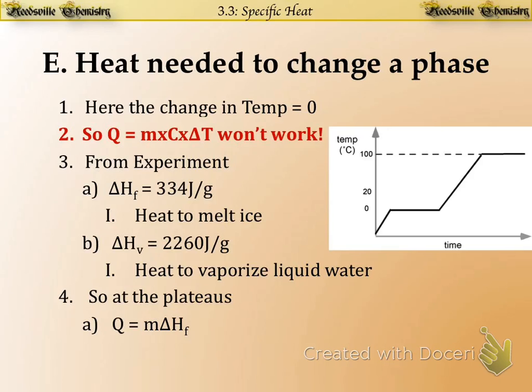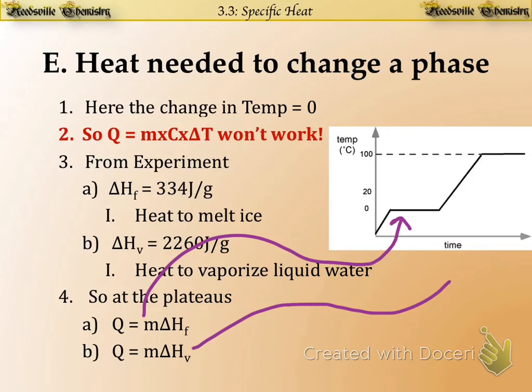So it's the mass of the sample times delta HF. So that guy, let me go back here, is the heat of fusion. This guy would be the heat of vaporization. Okay, so this value pertains to that plateau, and this value pertains to that plateau right there.